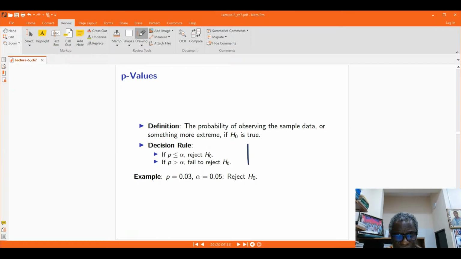The p-value measures the probability of observing the sample data, or something more extreme, assuming the null hypothesis is true.